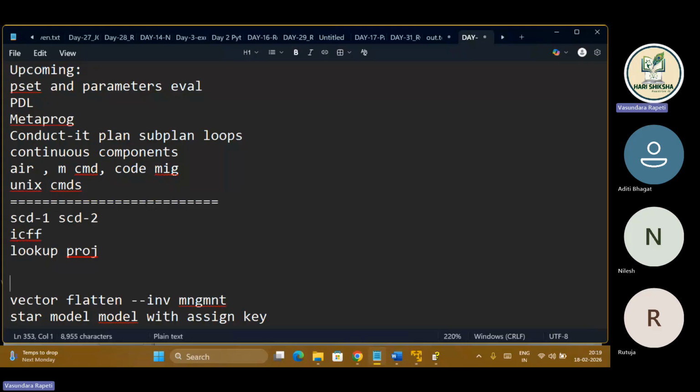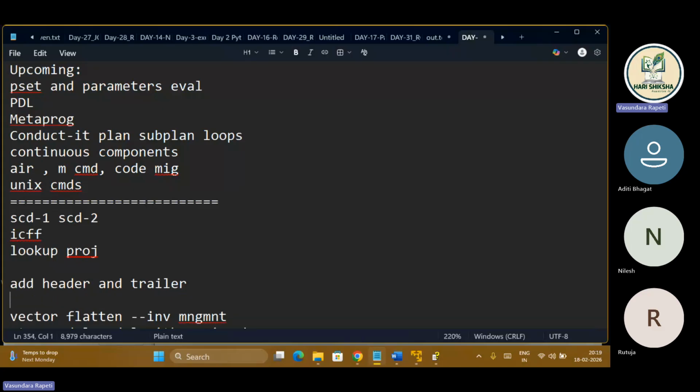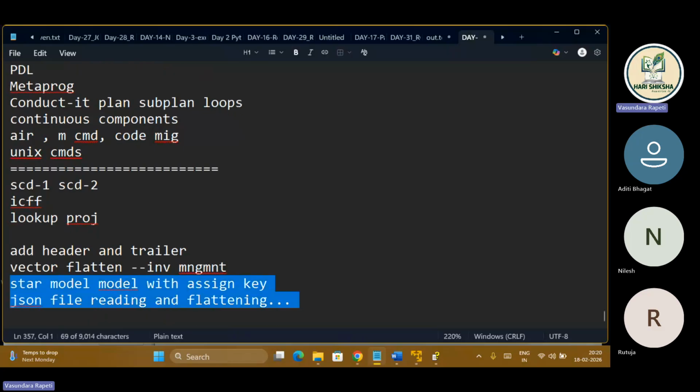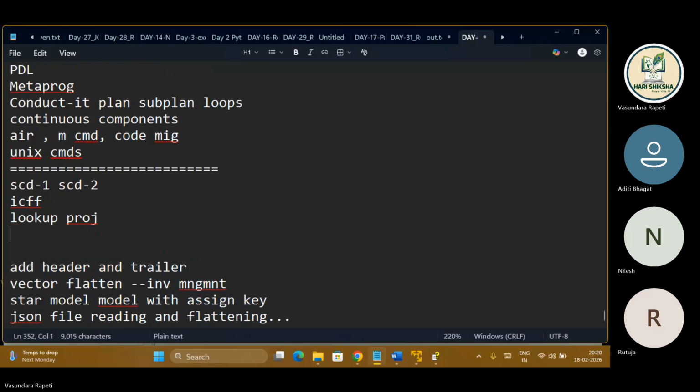Adding and removing header trailer we did. Sometimes in projects they cover this. Then JSON file reading, these things I will show you tomorrow. This we already did.